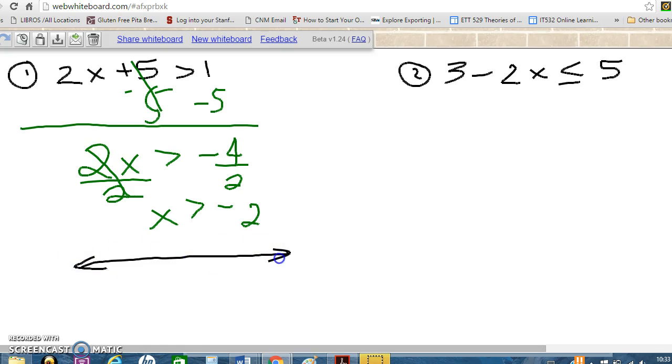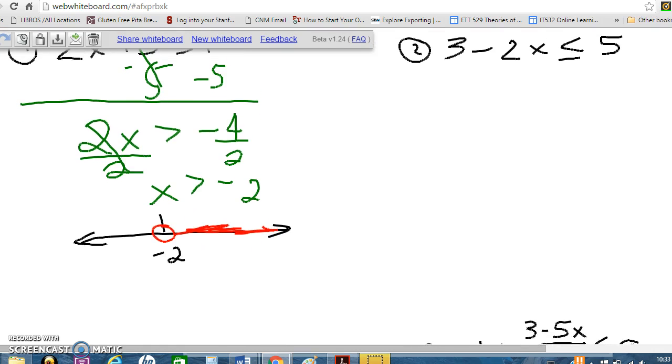I know negative 2 is around here, and when I graph it, it's going to be open, moving this way, and I can write it in interval notation as negative 2 to infinity with parentheses on both sides.